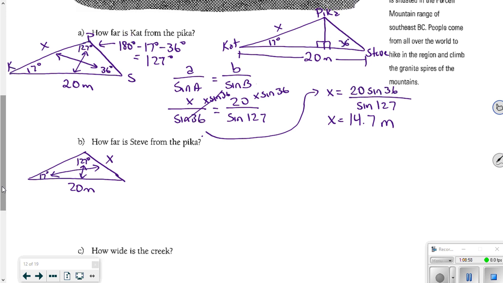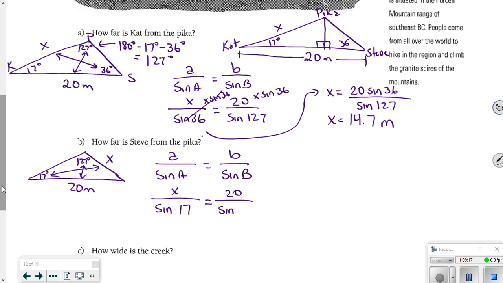So I'm solving for a side. I'm going to write my formula for a side on top. Steve's side is x over the angle directly across from it, so sine 17 equals 20 over sine of the angle across from it, so 127, times by the sine 17 to get it gone on both sides. x equals 20 times sine 17 divided by sine of 127.